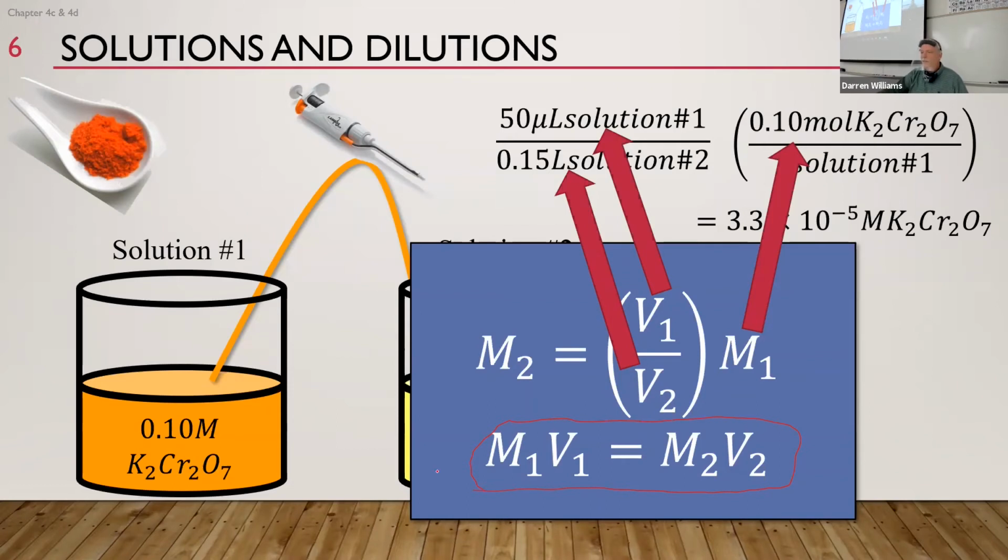The reason that is, if you take the molarity times the volume, you end up with moles. And so all this is saying is that the moles of my solute haven't changed. I've changed the volume, and that changes the concentration, but I still have the same number of moles. So if you take the number of moles and you put it in a new volume, you calculate the new concentration. That's all it is.